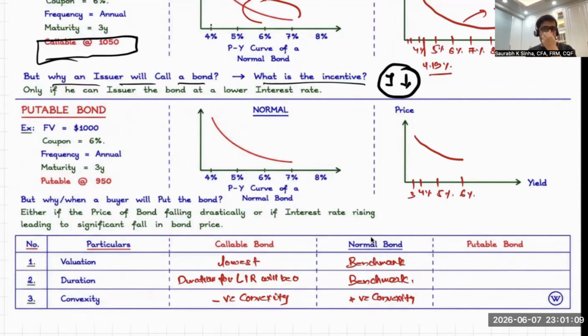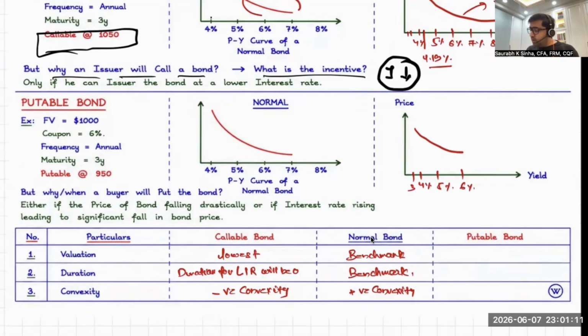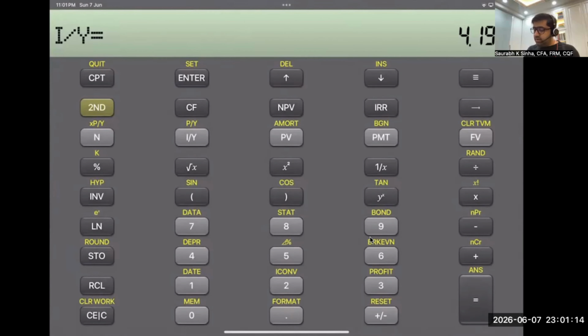So at 7%, let's see what the value of the bond would be. We do second clear TVM: 1000 is FV, PMT is 60, I/Y is 7, N is 3, compute PV. It's 973.